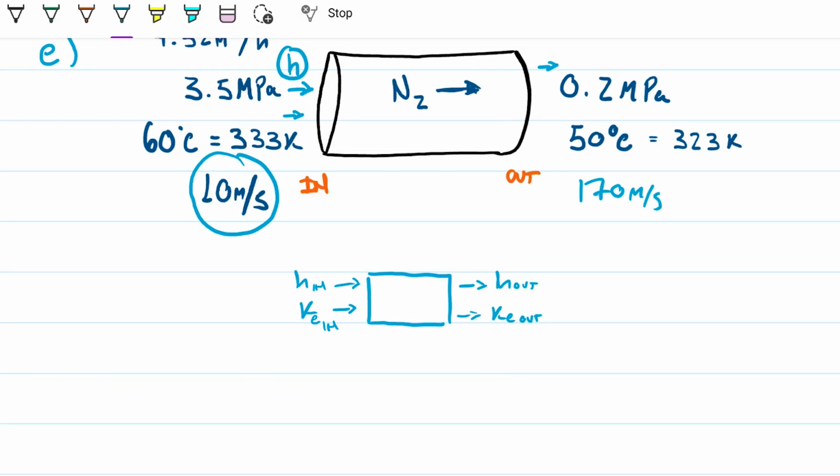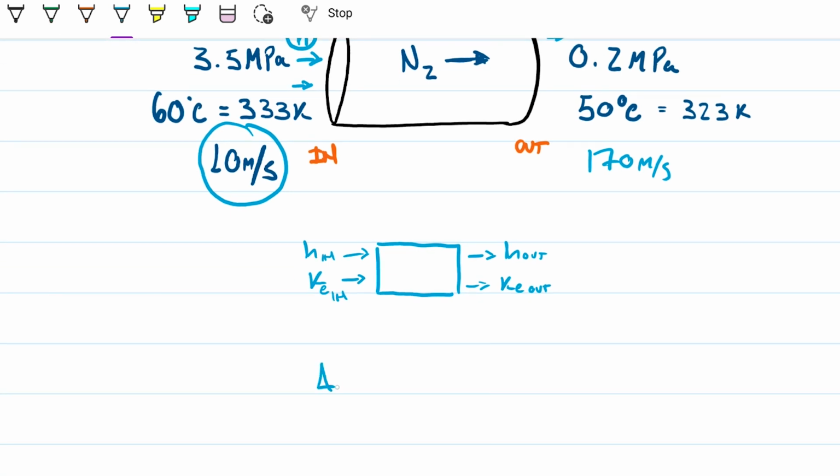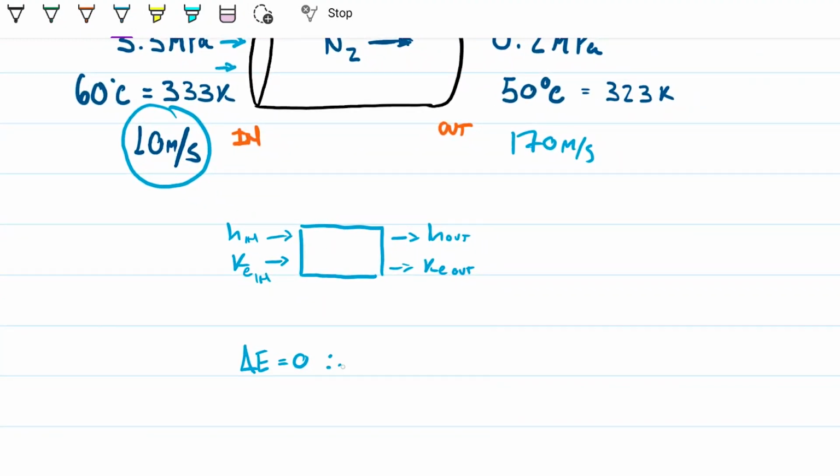And obviously that has to be 0. First law tells us we cannot create or destroy energy, so unless there's a heat source going in or out that we would need to relate here, there isn't. So what we need to do is say that the enthalpy in plus kinetic energy in has to be equal to enthalpy out plus kinetic energy out.